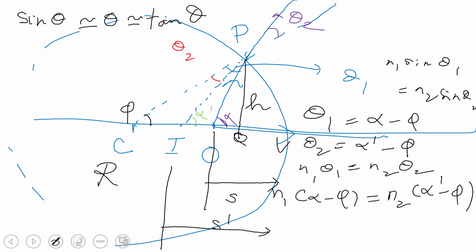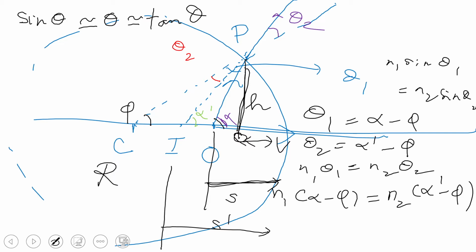Now if I look at alpha, the opposite side is h, and we are going to make a very moderate approximation that for this triangle, for alpha, the tangent is h, the opposite side, divided by the entire object distance s. That's a moderate approximation because this distance QV is not really negligible.